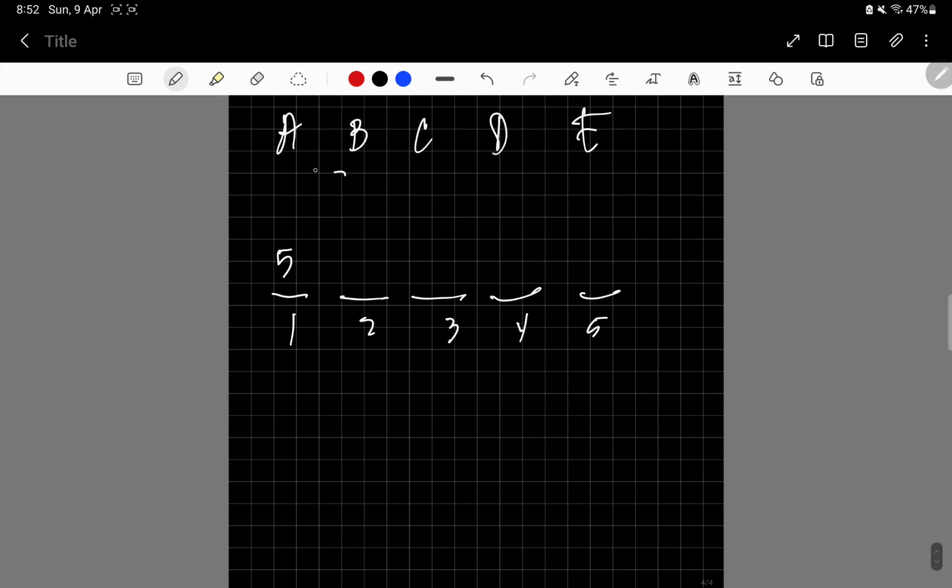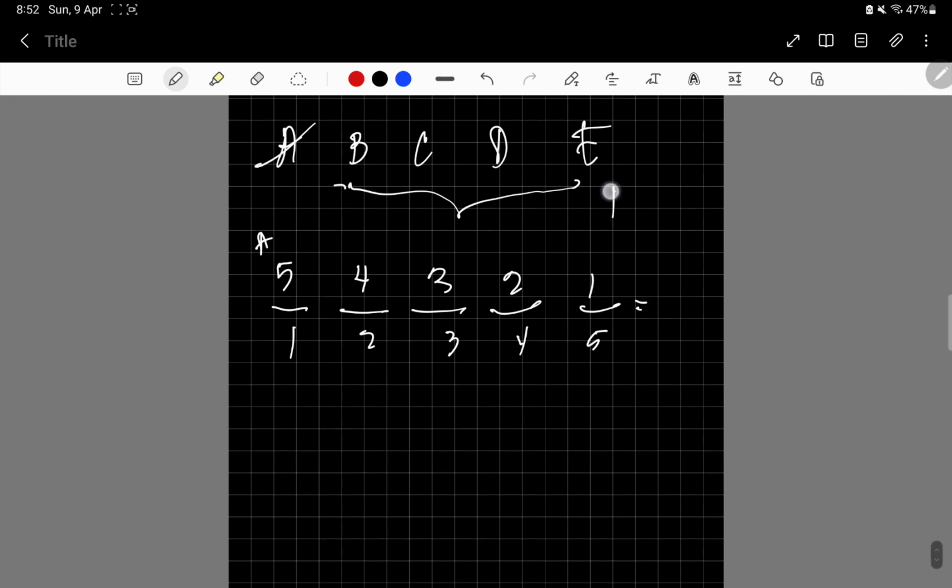Pwedeng lahat sila pinagpipilian natin. How about chair number 2? Kung si student A umupo na sa chair number 1, we have 4 na lang, kasi umupo na si student A sa chair number 1. And sa chair number 3, we have 3, 2, and 1.